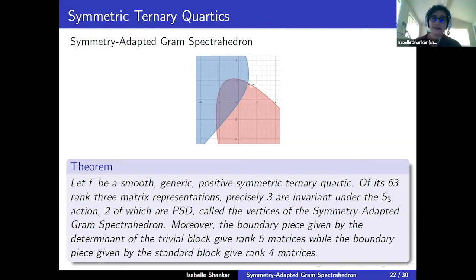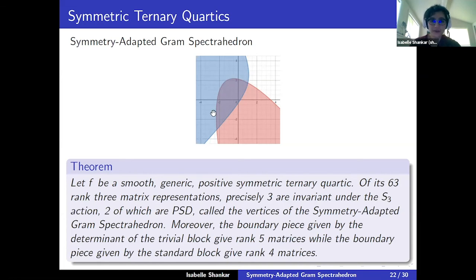For ternary quartics that are sums of squares or positive, the Gram spectrahedron has 8 rank 3 vertices, and only 2 of those 8 survive in the symmetry adapted case. So that's what these 2 vertices are. These correspond to the 2 invariant rank 3 matrices, which will then give us a decomposition of 3 squares.